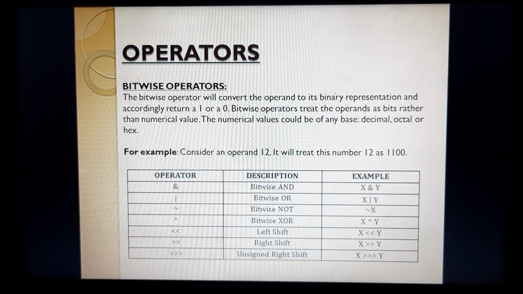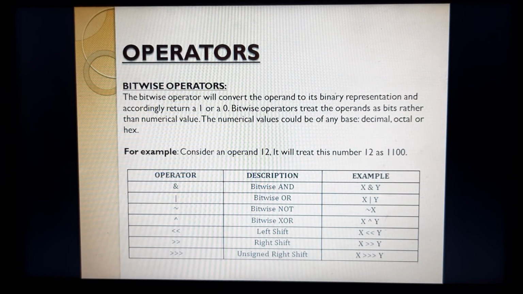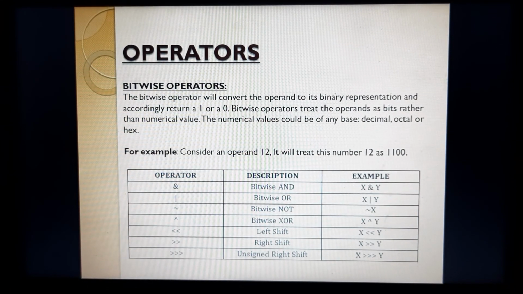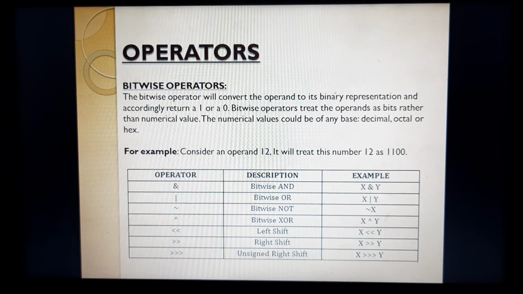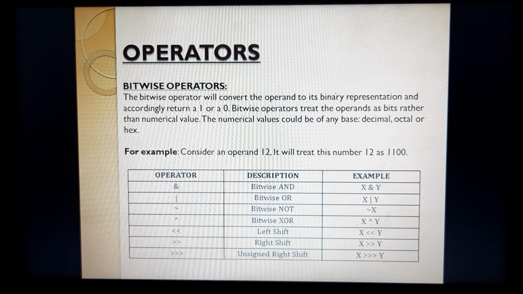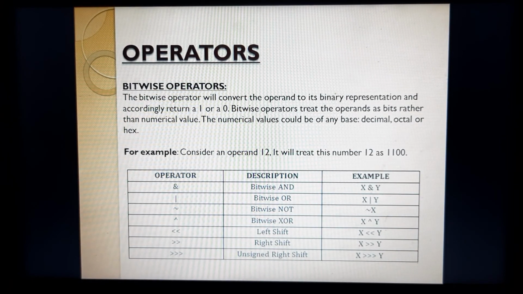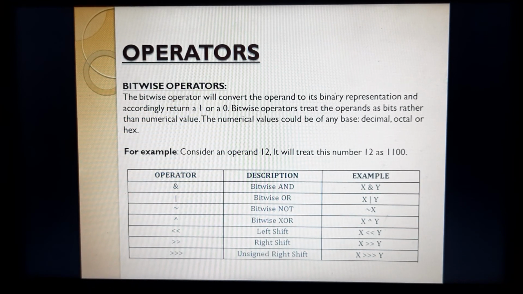Similarly, we have the bitwise operators. Bitwise operators convert the operand to its binary representation and accordingly return a 1 or a 0. A bitwise operator treats the operands as bits rather than numerical values. Even if we have a numerical value, it doesn't operate on the numerical value, it operates on the binary values. For example, consider an operand 12.